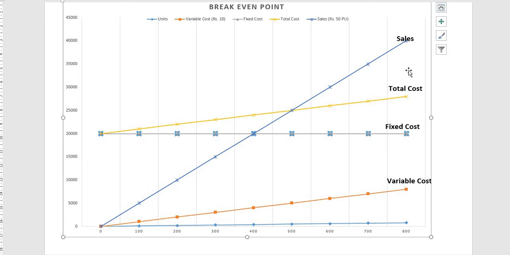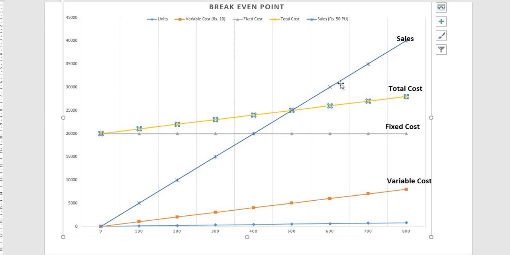Therefore, the total cost will always start at this level and not at 0, because there is no 0 cost. You can have 0 production, but there is no 0 cost, because there are fixed costs. Even if production is 0, cost will be at least rupees 20,000. As the quantity produced increases, the total cost will show an increasing tendency.